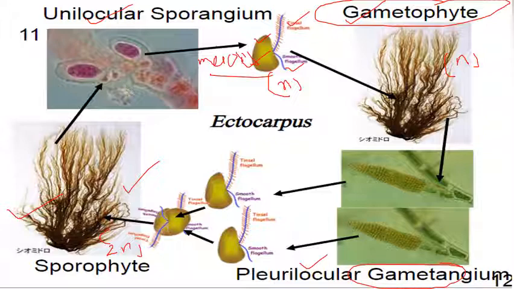So these gametangia will produce haploid gametes, that is one male gamete and one female gamete. They may be isomorphic, they may be anisomorphic. So they show isogamy as well as anisogamy in different species. It varies from species to species, and these two gametes will fuse to form a diploid structure, which is known as zygospore, and it will germinate directly to form this sporophyte.